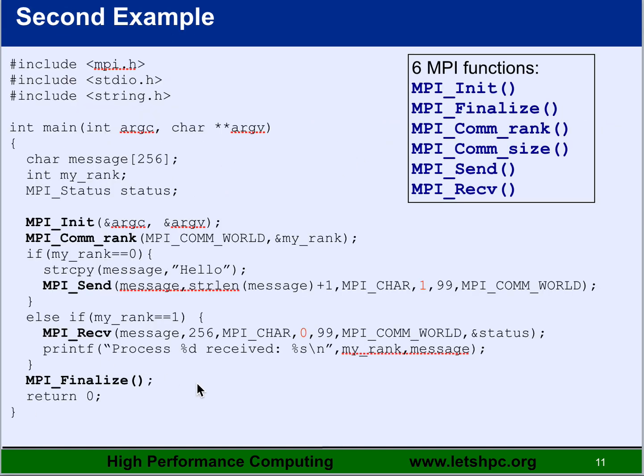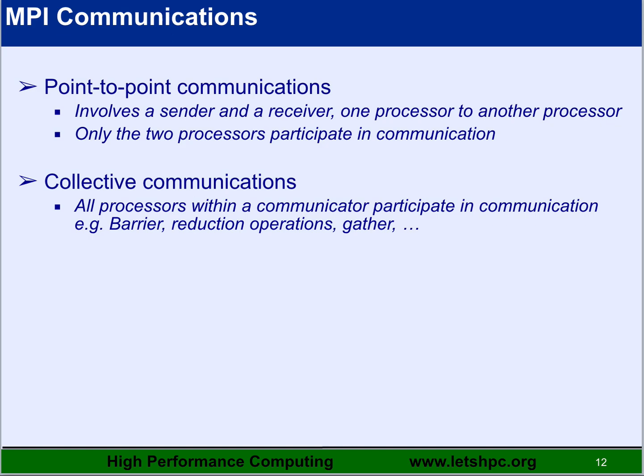So in this particular example, you may have more than two processes, but only process 0 and process 1 are involved in this message transfer. But in collective communications, all processes will participate. Here only the two processes participate in communication, and we explicitly mention which process is the sender process and which is the receiver process.